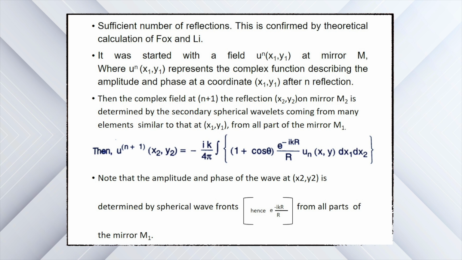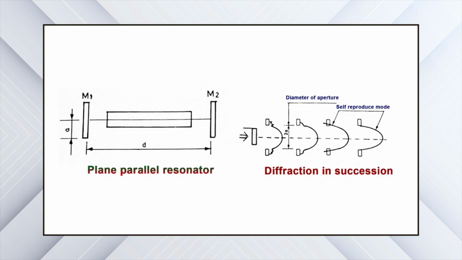After reflection, the reflected wave will have a profile as shown below, which will be hemispherical, and as it expands, it becomes a bigger hemisphere. Now look at it: the first reflection between M1 and M2 will be hemispherical.